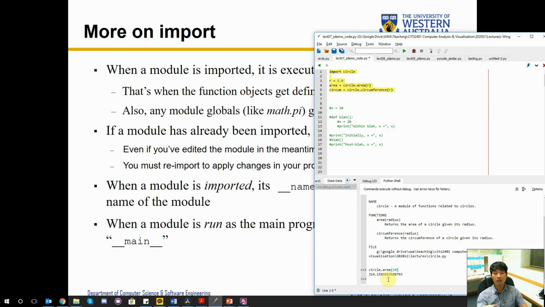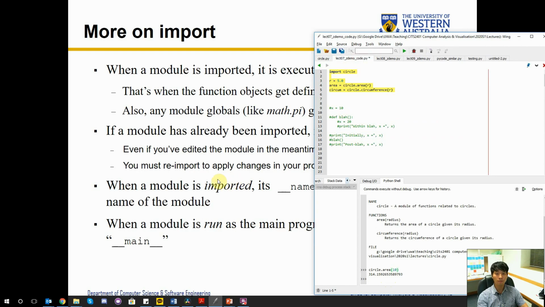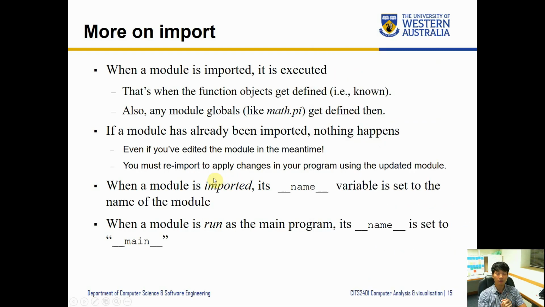So until I refresh my import, the changes that I made to the module will not be reflected in my current program. Okay, so be wary about the timing and making updates. Make sure you always save all your modules and programs to ensure that you're using the latest pieces of code.